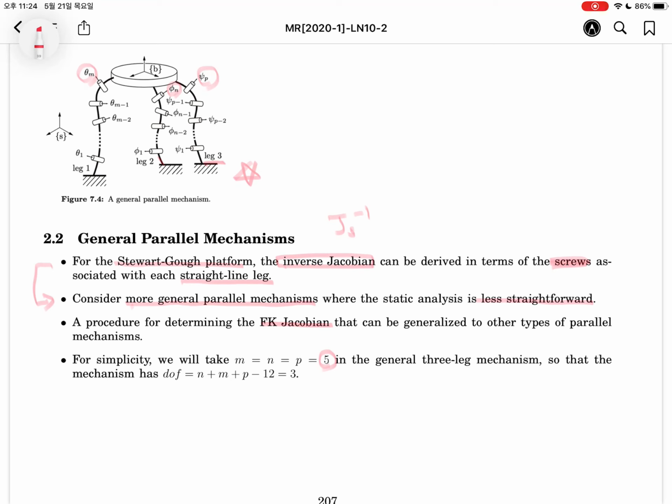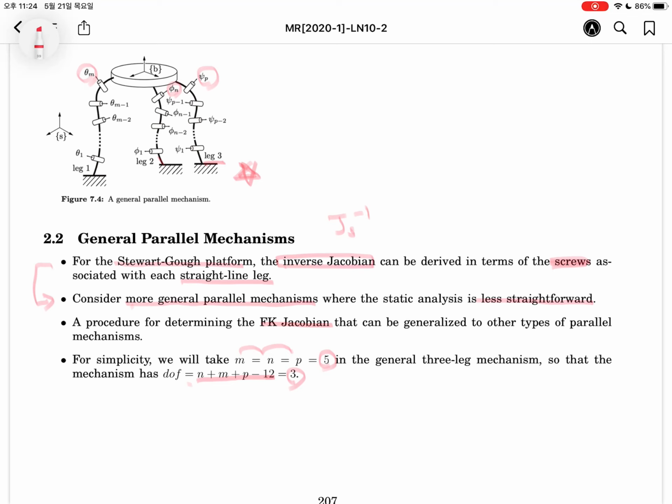Do you remember the degree of freedom of this mechanism? It is N plus M plus P minus 12. It is equal to the degree of freedom of this mechanism. So if you take the S of 5 for the joint, we will have 3 degrees of freedom. We will consider this concept.